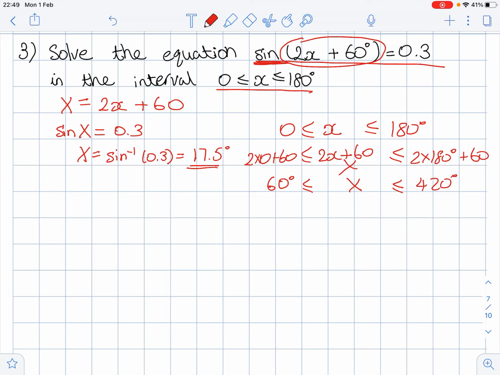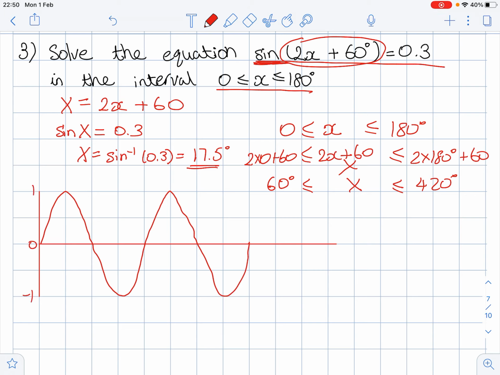So again, this is my sine curve. So I'm going to sketch my sine curve. So this is 0, this is 1, this is minus 1.